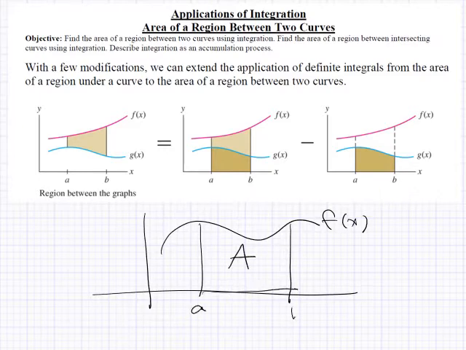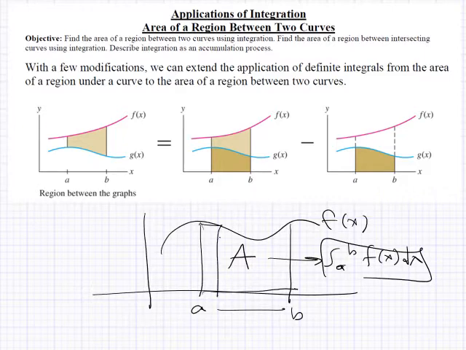So let's say this is a, this is b, so it's the interval from a to b. This area can be calculated using the integral from a to b of f of x dx. Okay? You saw that through summations of rectangles in Calc 1. But one key was that the function was above the x-axis over this interval.